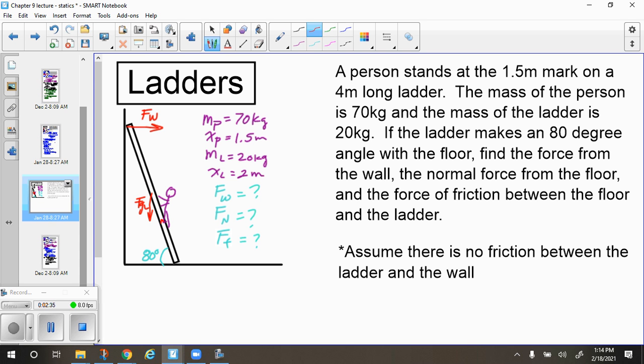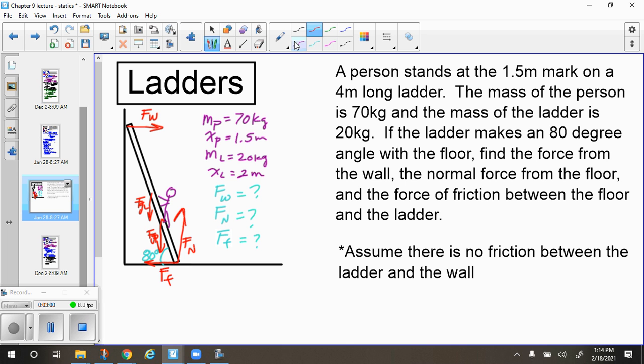We have the force of gravity of the person. And then on the floor here, we have the force of friction, keeping the ladder from slipping out, and we have the normal force. My forces are a little tilted. This thing's kind of hard to draw straight on. But those are all the forces.